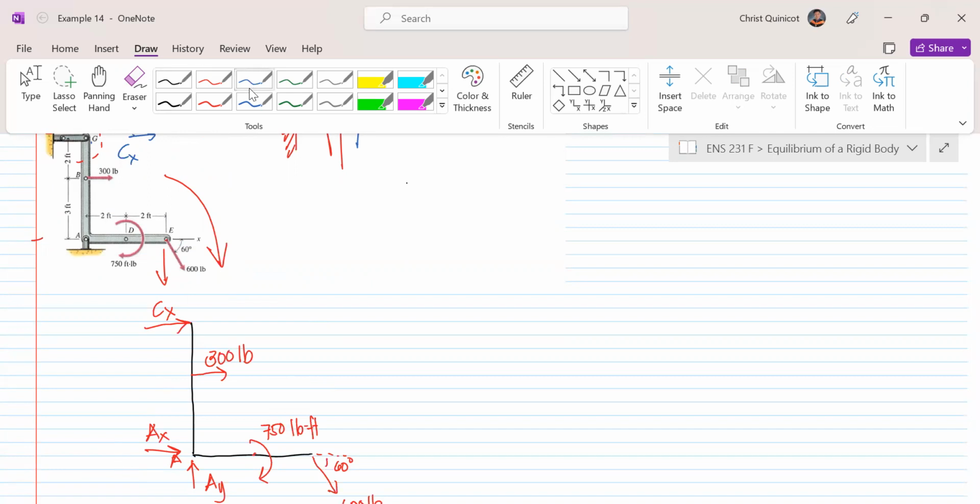Okay. And let us provide the dimensions. But before we provide the dimensions, let us place some letters here. This is C, this is B, this is A, this is D here, and then E. Now the dimensions: from A to B, this is 3 feet, and from B to C, this is 2 feet.